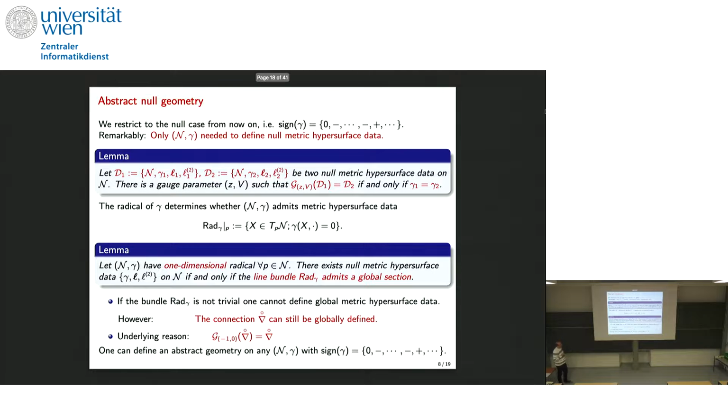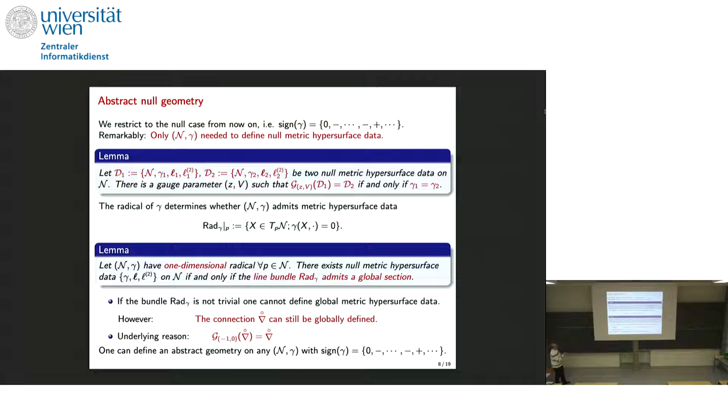But it turns out it's not such a bad thing, because even though there is no global section, you can still work with local trivializations for this line bundle. In the transition between two overlapping open sets, you will have transition functions that will either keep n invariant, or swap n to minus n, right? That's what it can do.